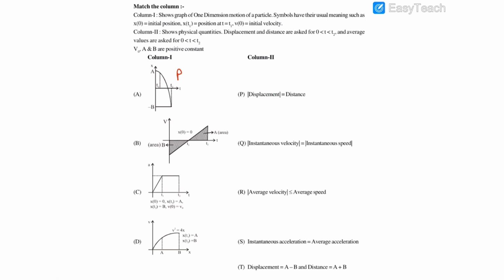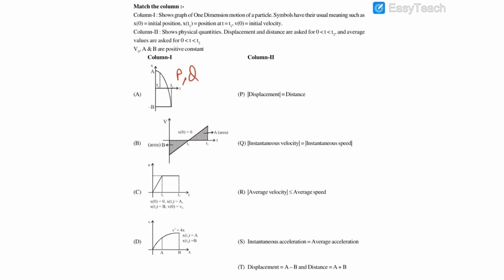Now you can see that the magnitude of instantaneous velocity is equal to the instantaneous speed. Obviously, if this particle is not changing its direction and it is moving on a linear line, performing a one-dimensional motion, then the magnitude of its instantaneous velocity and its instantaneous speed will be the same.